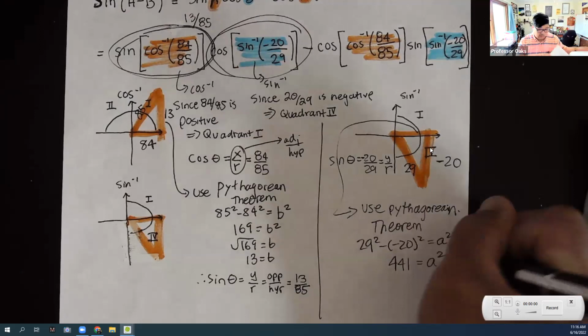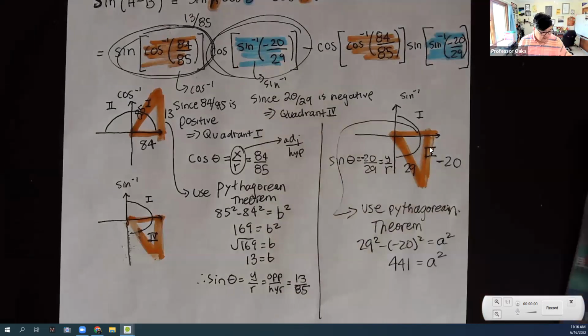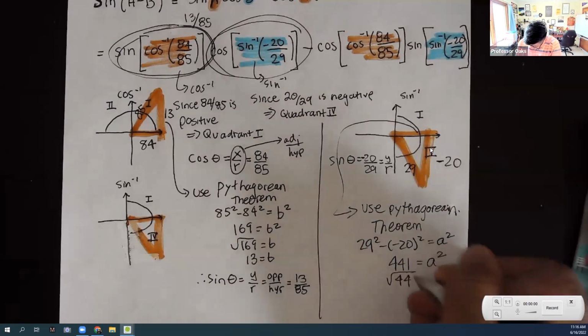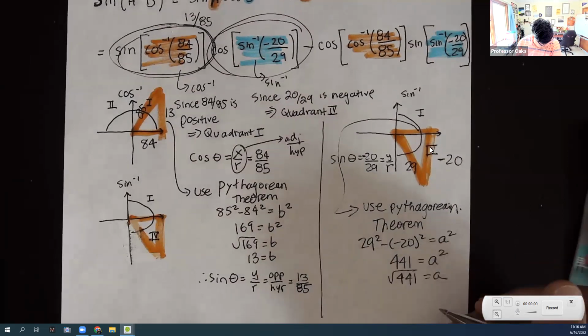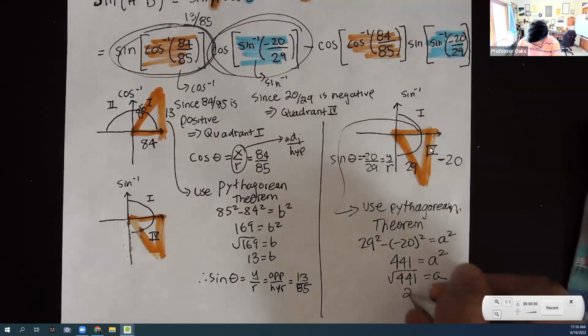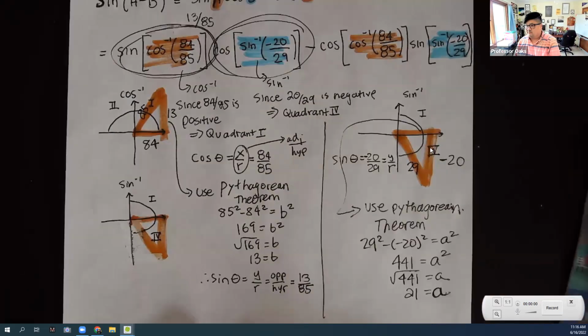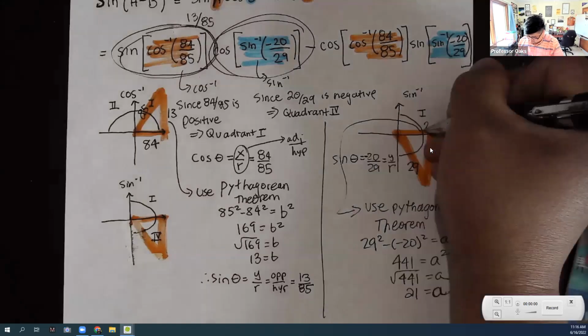And if you take the square root of 441, then that will be 21 is a. So there you go, because it's in quadrant one, it's positive.